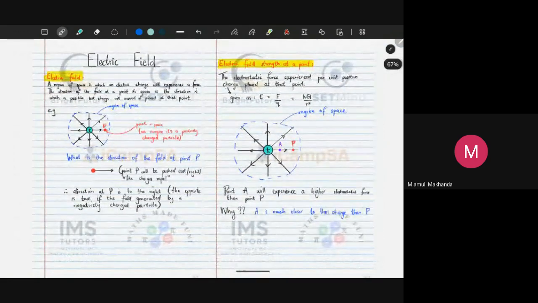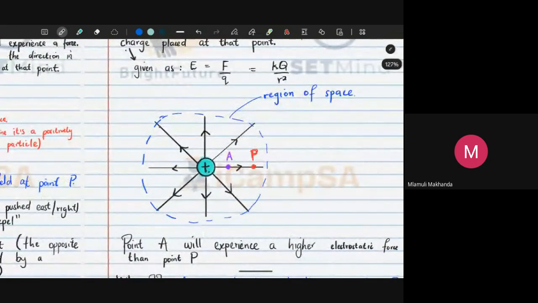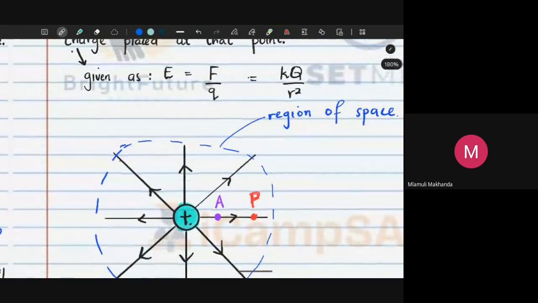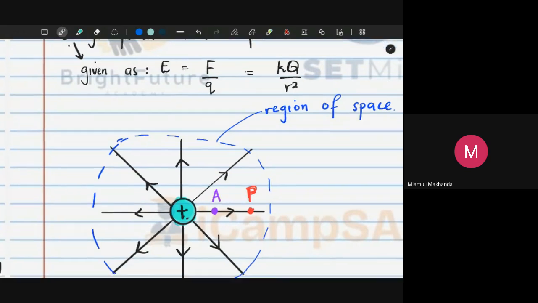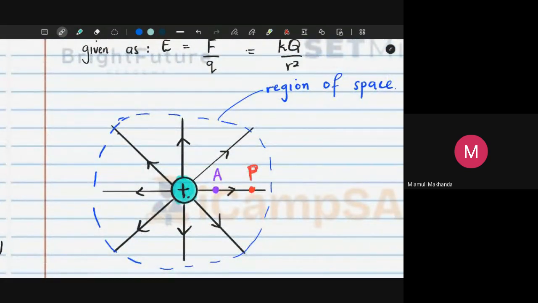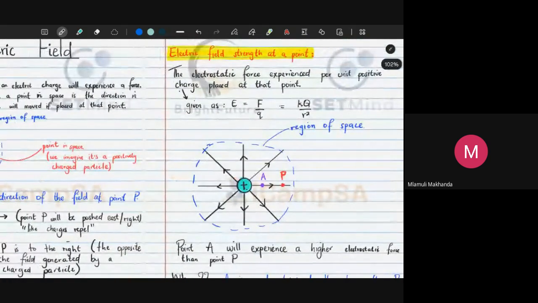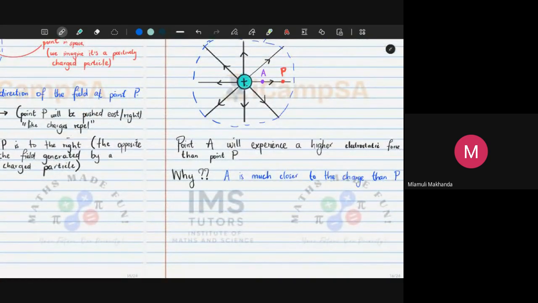So that is typically what happens. Sometimes we place a charge at point A and we want to know how much electric field that charge experiences.